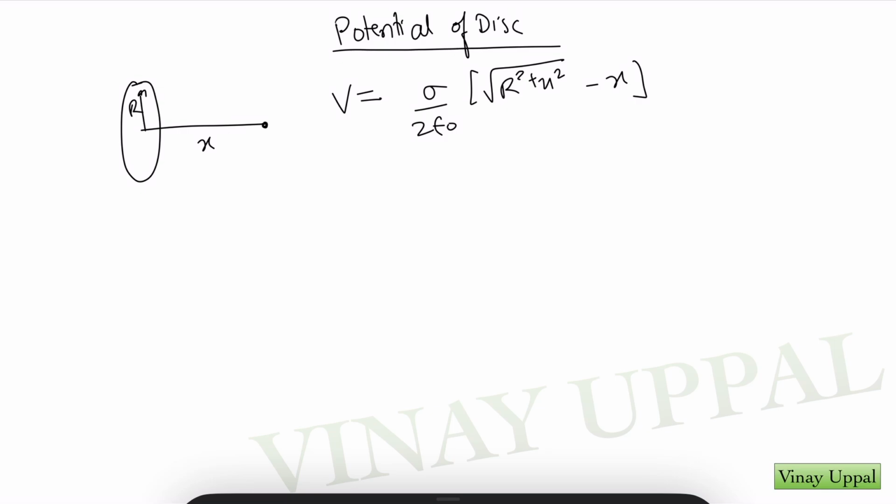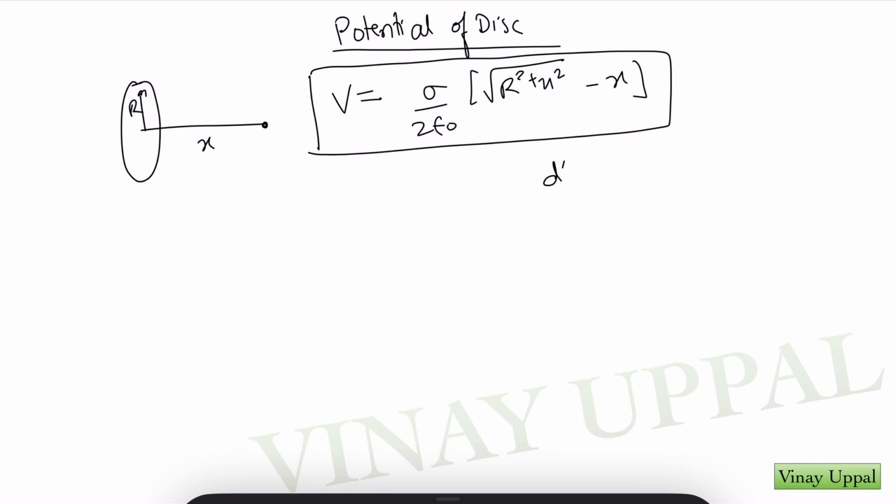It's a uniformly charged disk. So this is my potential. The derivation for this potential comes from either one way is to integrate the potential of rings that you can imagine the disk to be made of, or you can integrate the electric field of the disk in order to get the potential. The relation between potential and electric field is dV equals minus E dot dr. So you could integrate this to get the potential.